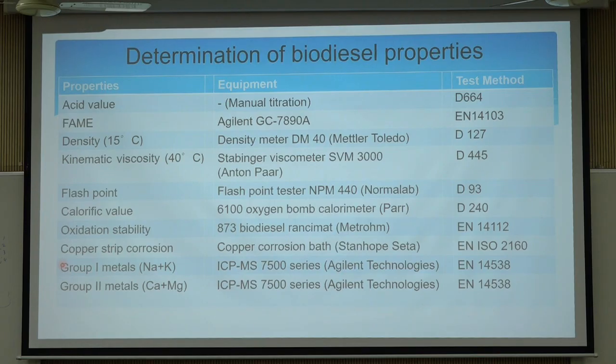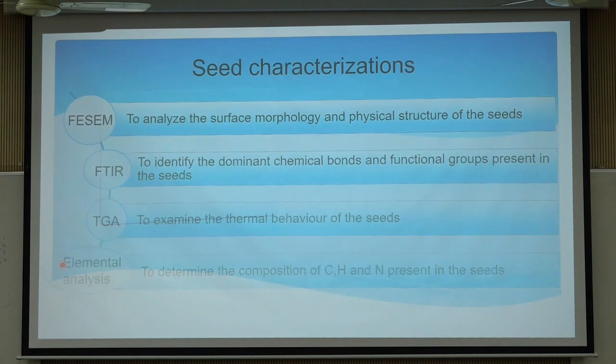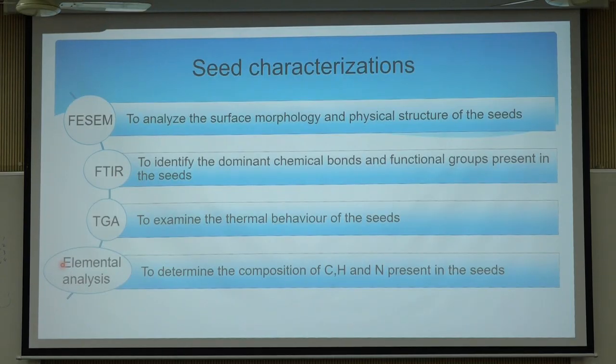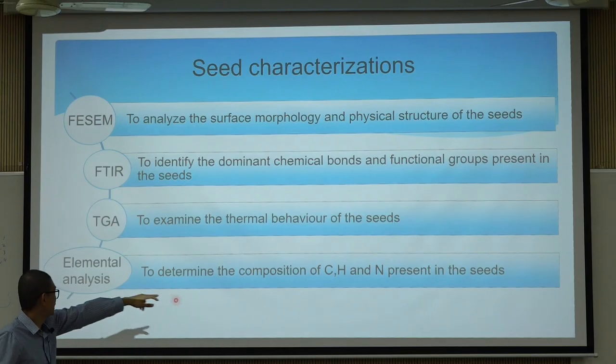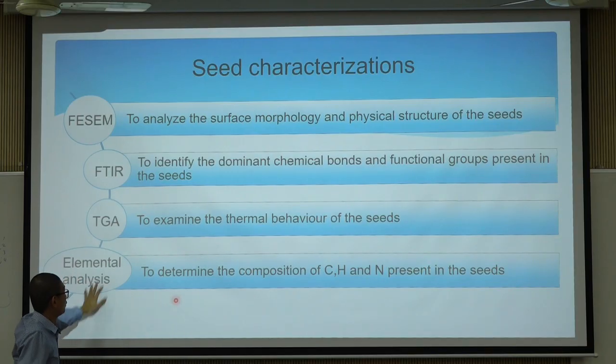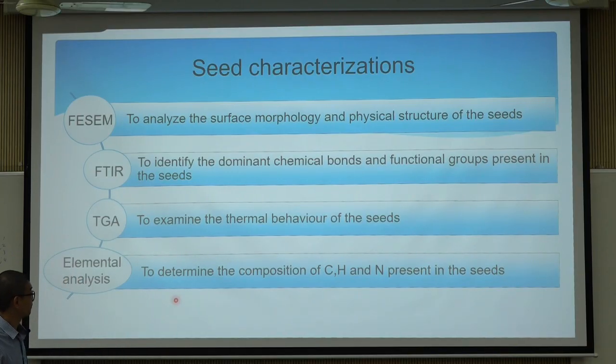That's the thing. Let me see what else I can show you. This is the study. Every time before you start the study, we also determine the composition, the elemental analysis and also the proximate analysis: C, H, N, S, and O content.